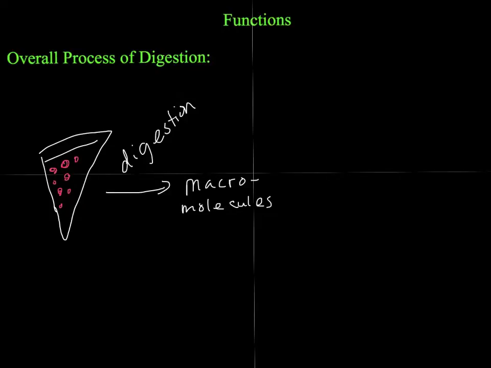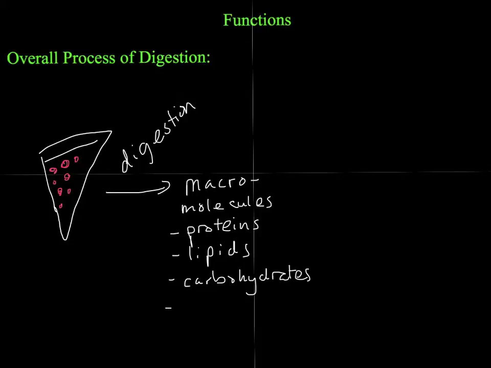And the macromolecules we discussed in biology were proteins, lipids, carbohydrates, and nucleic acids. And we want to continue to further break down these macromolecules into their monomers. So for example, proteins are amino acids, lipids would be fatty acids and a glycerol molecule, carbohydrates would be glucose, and then nucleic acids would be the nucleotides.